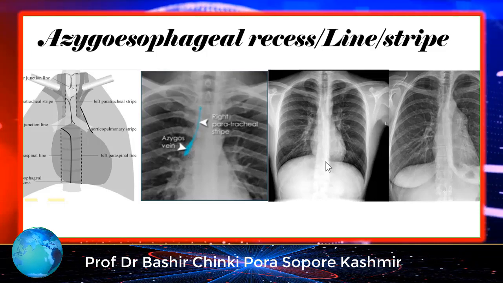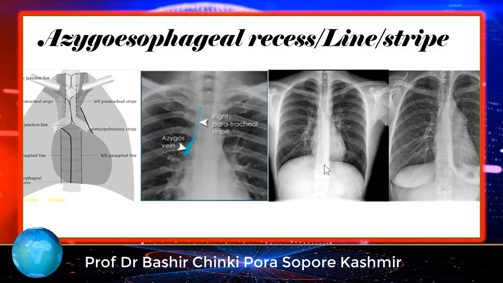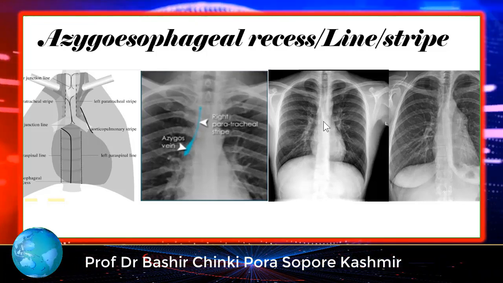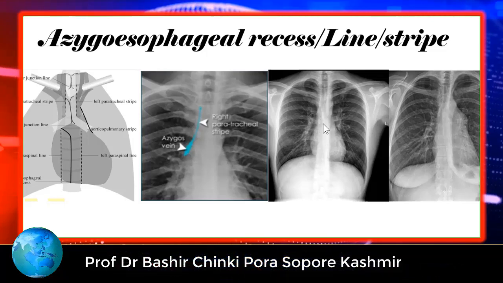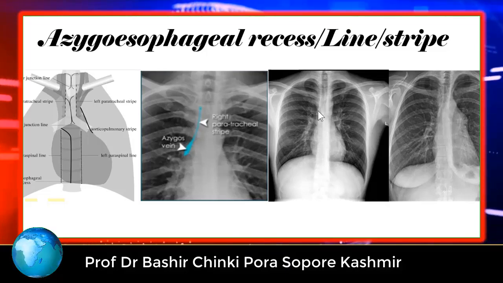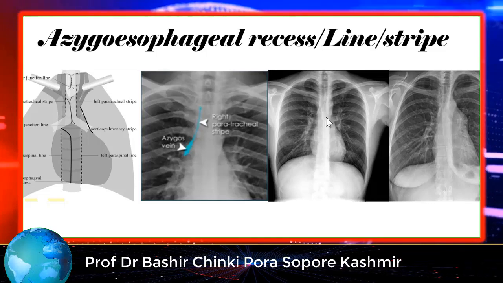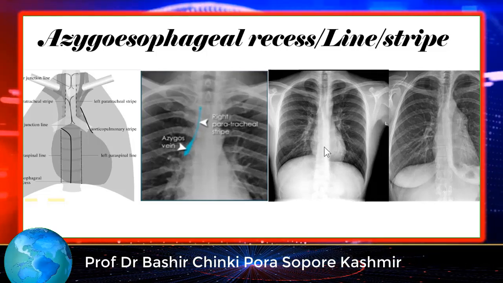And if you see here, there is this line over the vertebral column. Yes, you can see it clearly. This line ends up in the azygos vein arch, and from the azygos vein arch it goes to superior vena cava, and you can see it is slightly oblique here, then it runs vertically downwards.